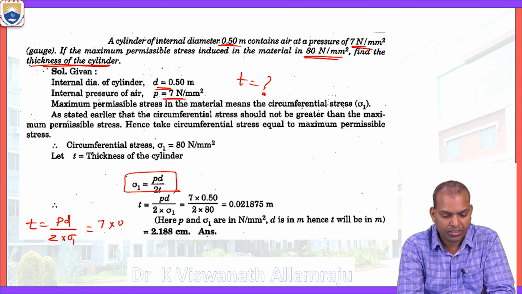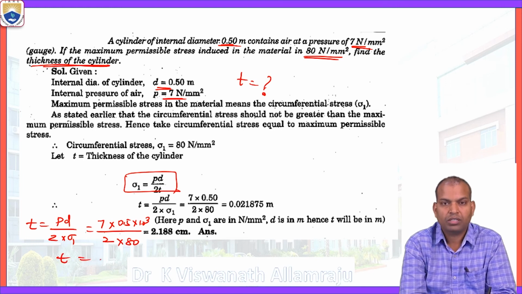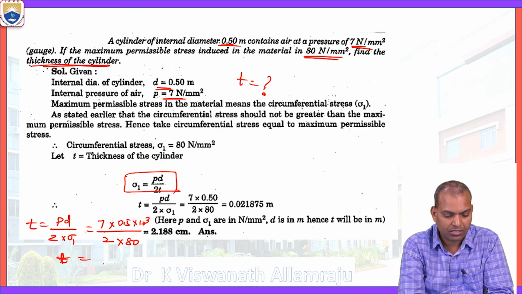What is the diameter? 0.5 times 10 cube, in millimeters. Divided by 2 times sigma 1. The sigma 1 is 80 here. Now substituting all the values, the calculated thickness is 21.88 millimeters.